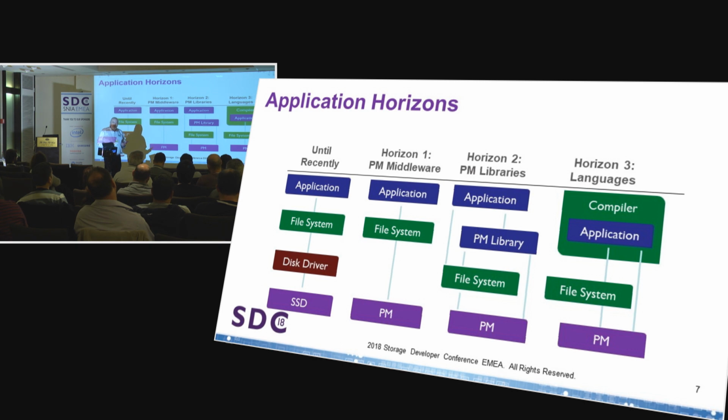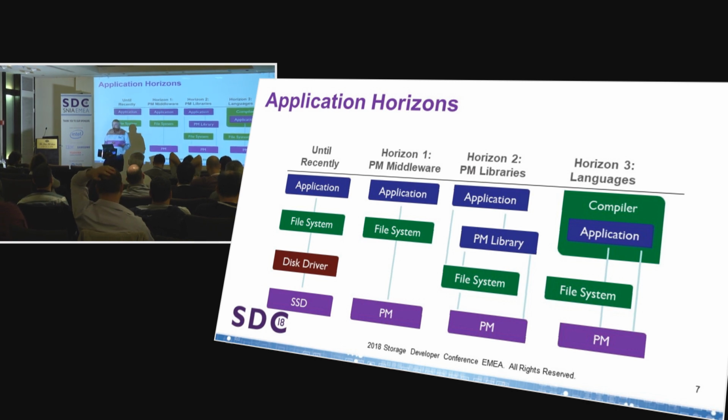But eventually, we're going to actually bring these persistent memory concepts into the compiler itself, so that there's a language feature where the programmer, the application developer, has a first-class concept or ability to create persistent objects.